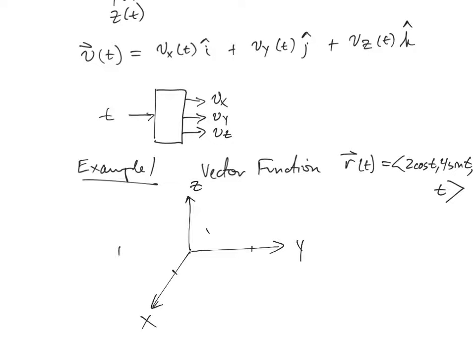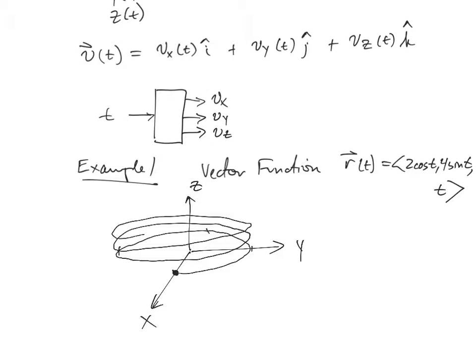So that's here, and a z of 0, so it's going to start right there when t is equal to 0. Okay, it's going to go counterclockwise. So it's going to do something like this, because as t goes on, z gets bigger.